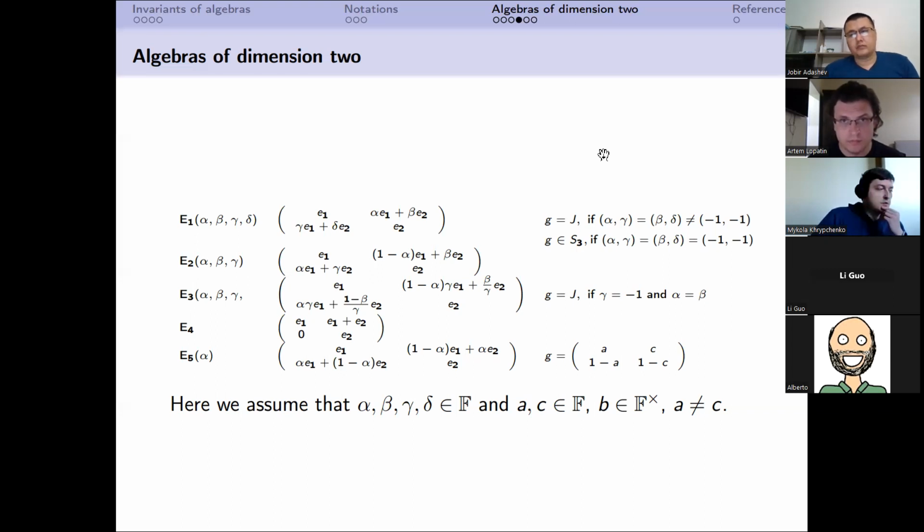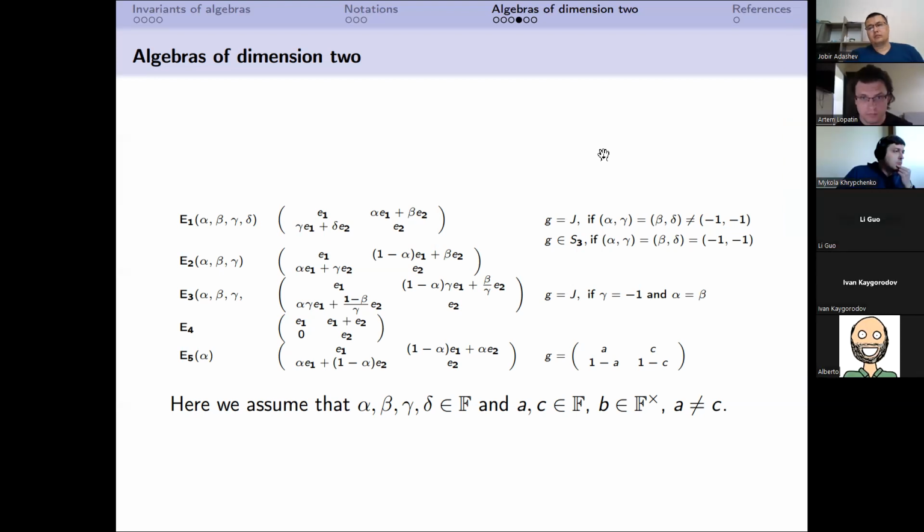Maybe there are other questions. Okay, I have a question. What can you say about the algebras where this conjecture holds? How can you distinguish those algebras for which it holds from those for which it doesn't hold?